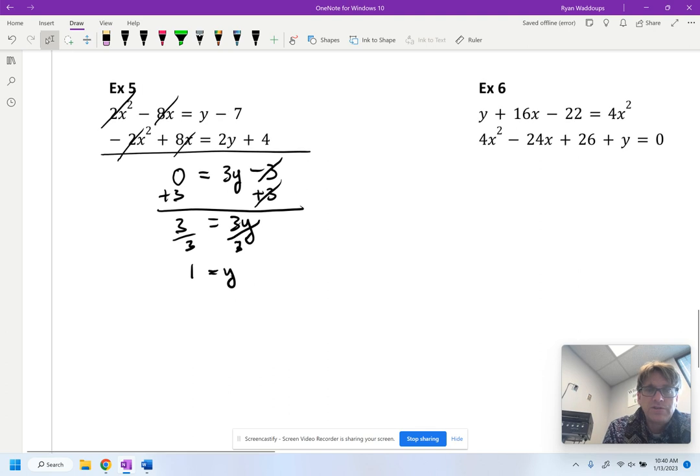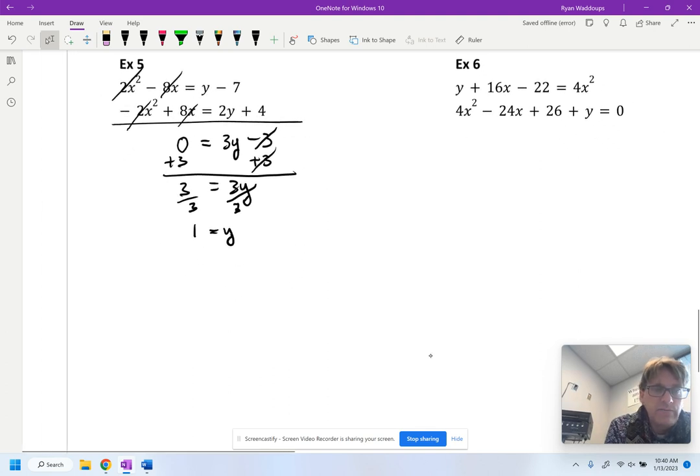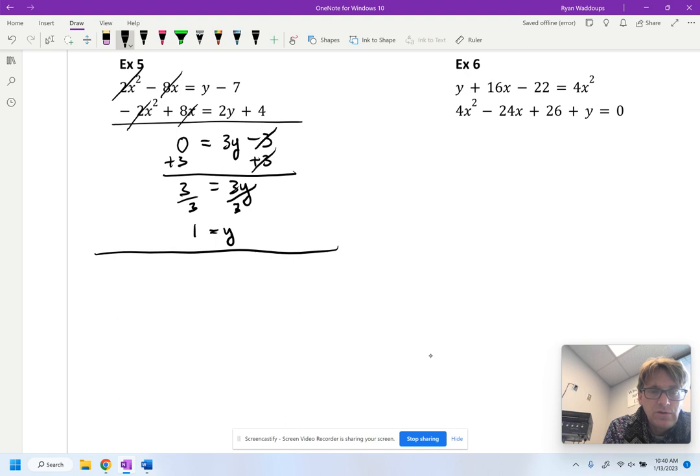So I go to the top equation there, and I would write 2x squared, and it doesn't matter which one you choose, I just chose the top one. 2x squared minus 8x equals, and then instead of y, I'm writing 1 minus 7.